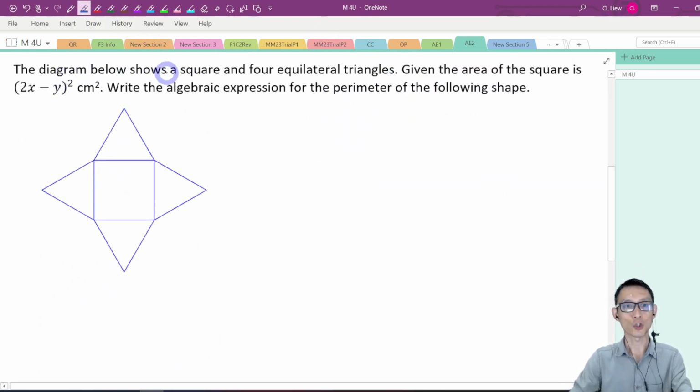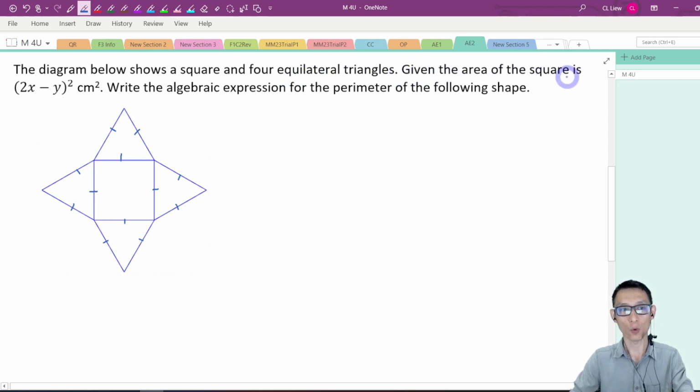The diagram below shows a square and 4 equilateral triangles. Equilateral triangle means that all the sides of the triangle have the same length. These are properties of an equilateral triangle.